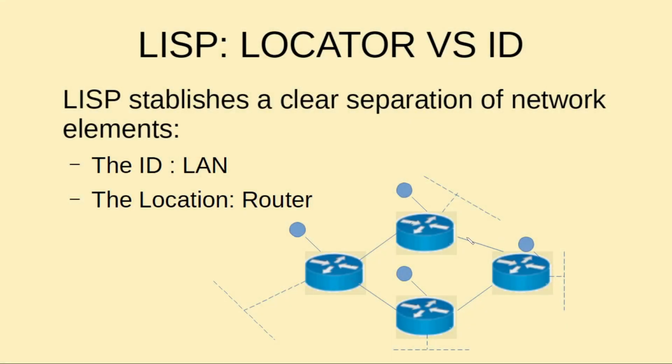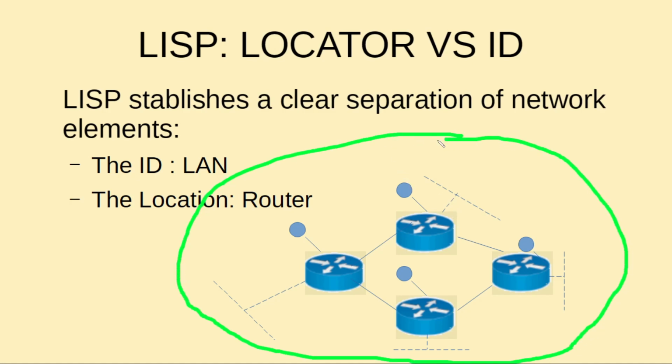In order to understand how LISP works, we need first to understand what is the difference between locators and IDs. So, LISP establishes separation of network elements within a LISP domain. So let's say that this is our LISP domain. This is a network where we are running LISP as our overlay routing protocol, and we need to identify what are the IDs and what are the locations.